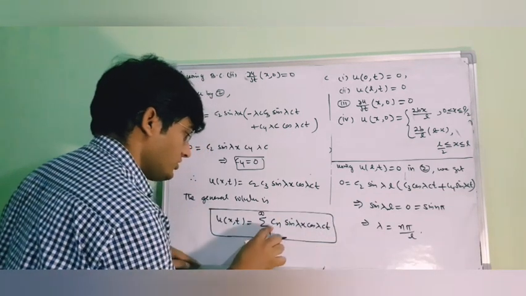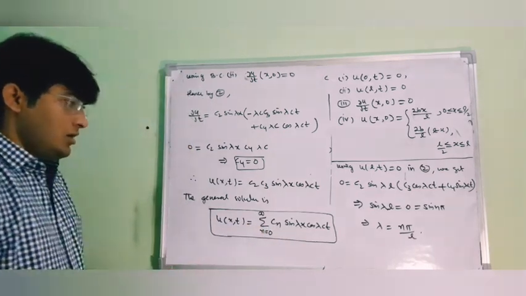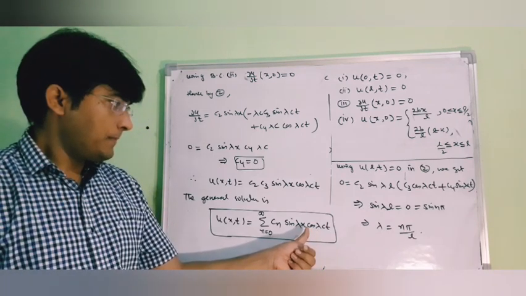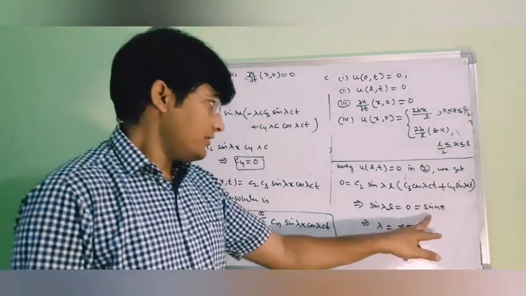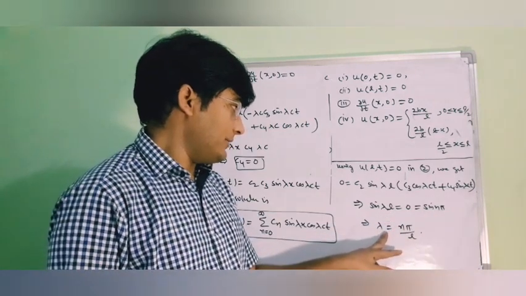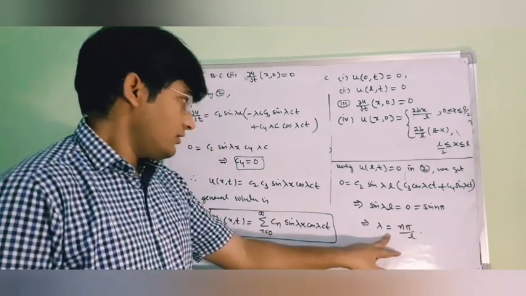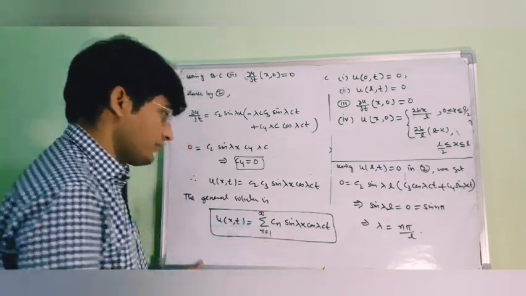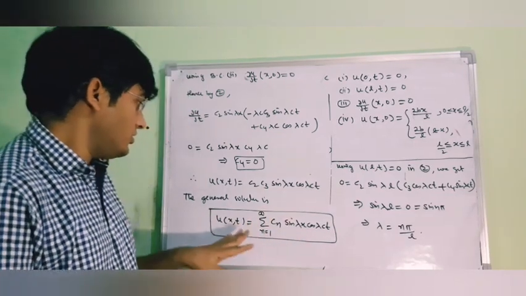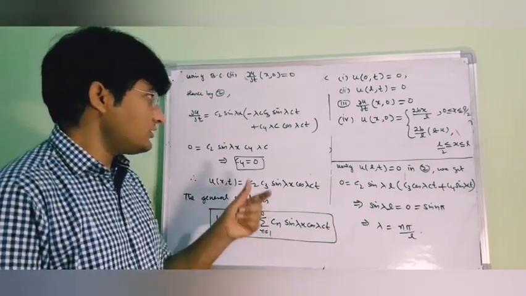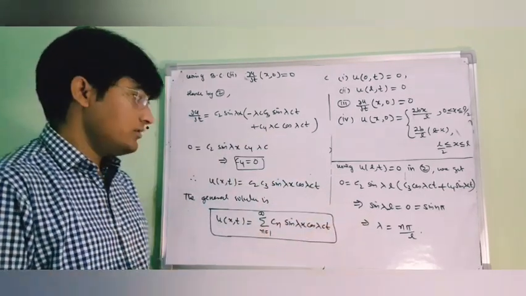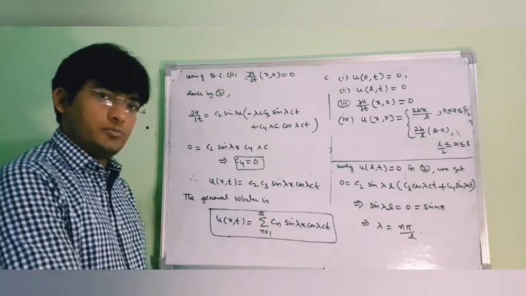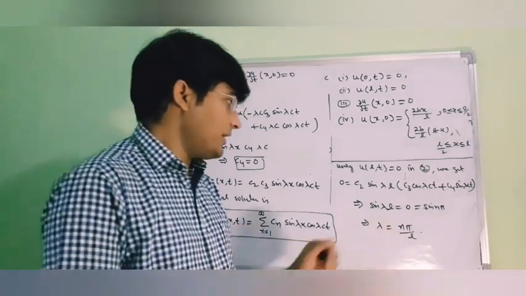This is your solution. Here your n will be from 1 to infinity, otherwise this term will vanish. So this is your most general solution of this wave equation when your initial velocity is 0, and this is common for all the problems where my lambda is n pi upon l.